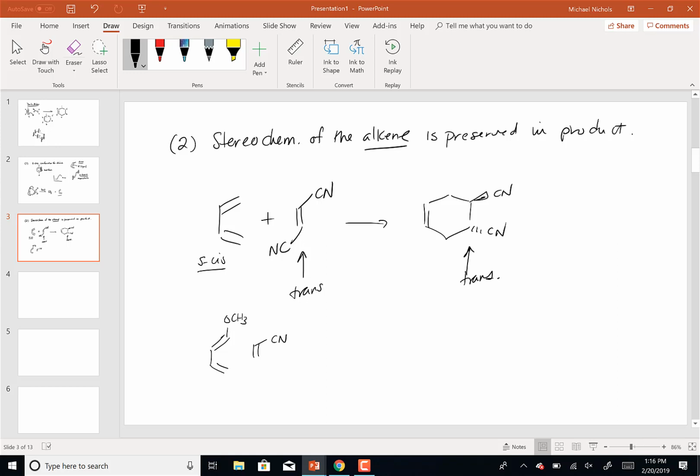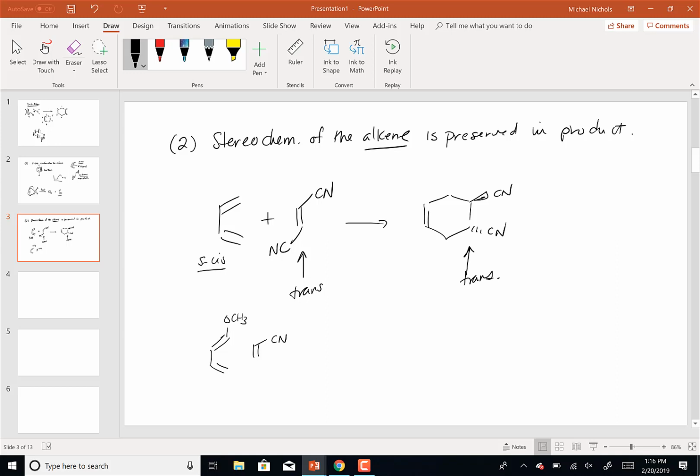Is it going to have the OCH3 and the CN on the same side? Are they going to be on opposite sides in the final product? And we're not going to get into that level of detail. It's not based on sterics. It's not based on stability.